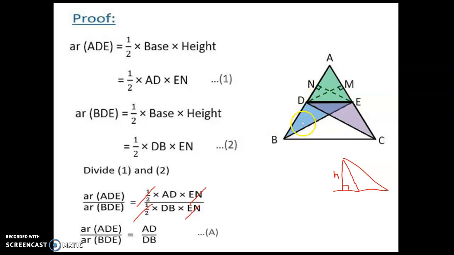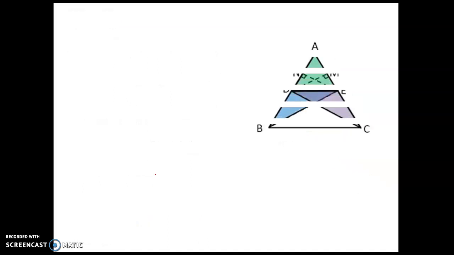Then this light blue color triangle, for that base is DB and height is EN. Like that we find the area and divide 1 by 2. That we are done. We got the first equation A. Then we move to the next slide.